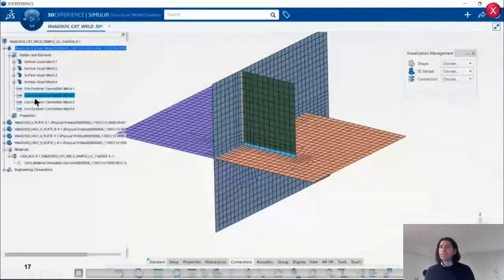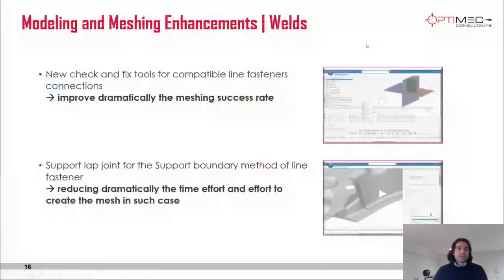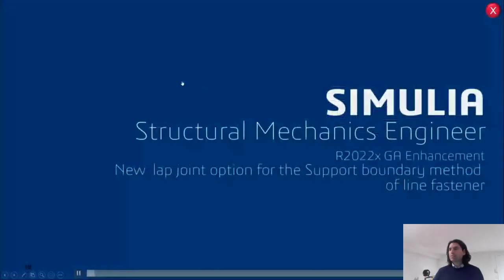All right. The next one is about lap joints. There's support for lap joints when you're trying to create, again, the line fasteners. This should reduce the time and effort you put into creating those. I have another quick video here showing this feature.